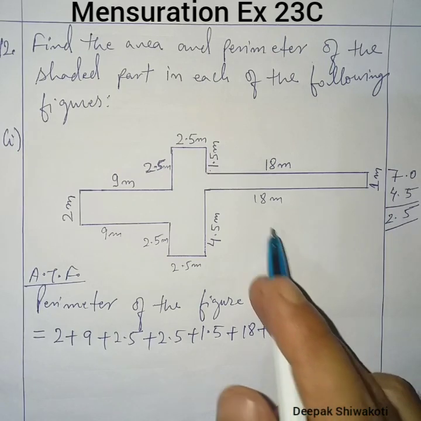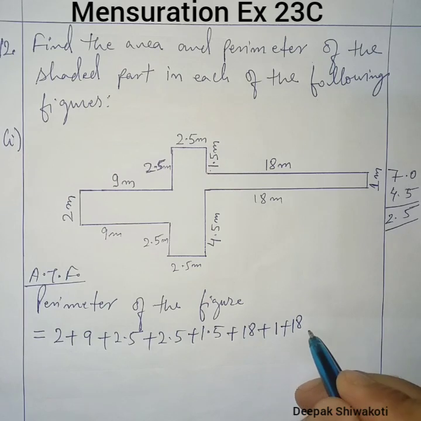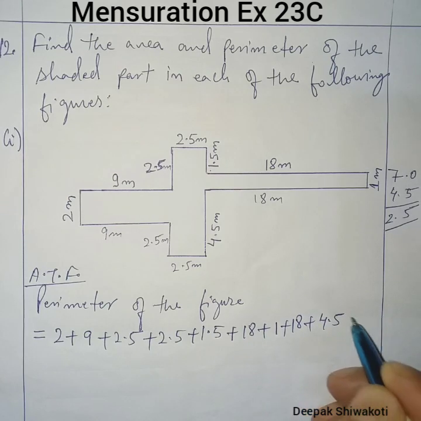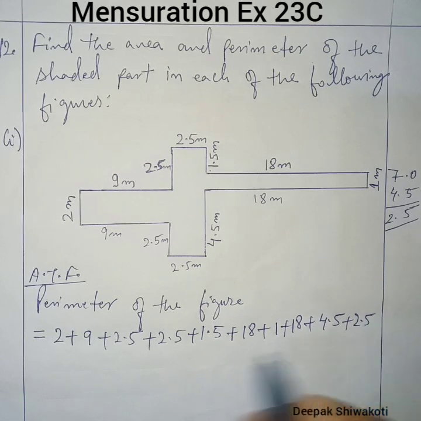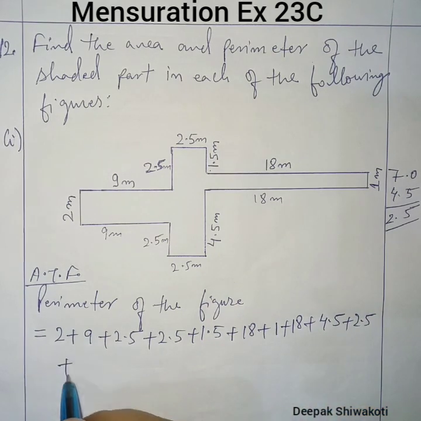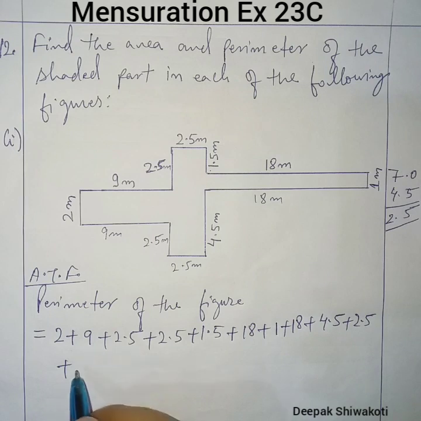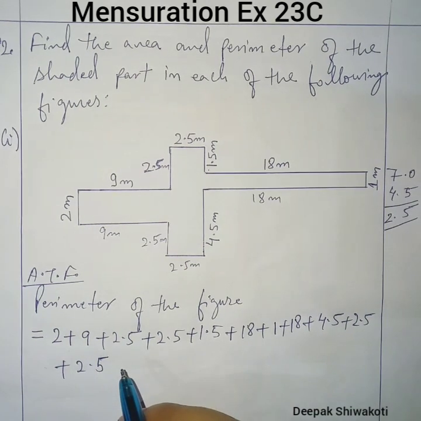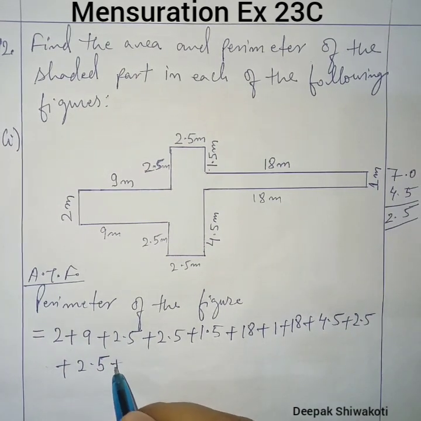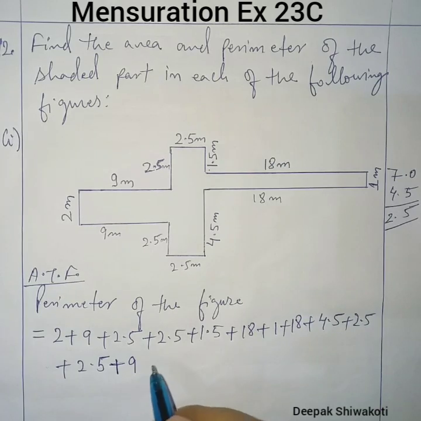again 18 meter plus 4.5 meter plus 2.5 meter plus 2.5 meter plus 9.